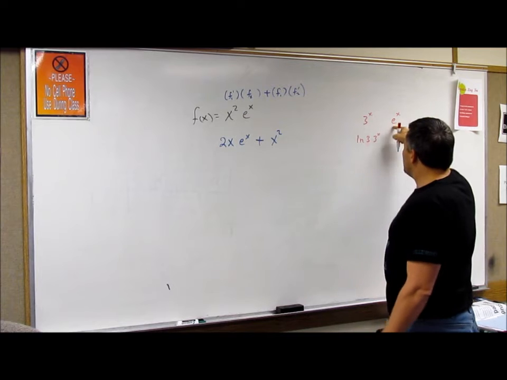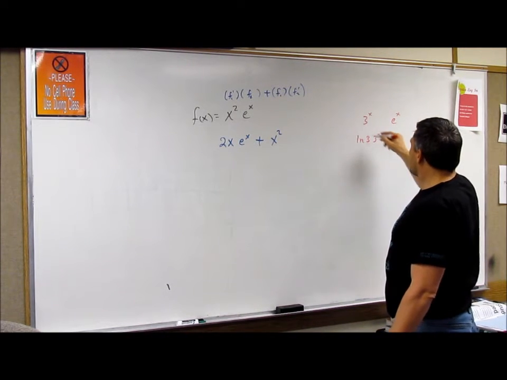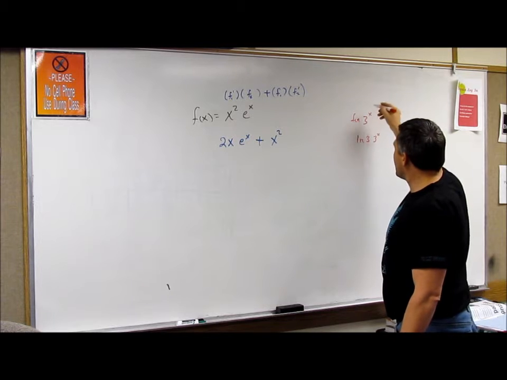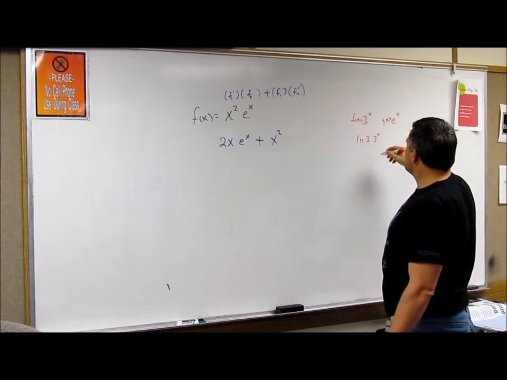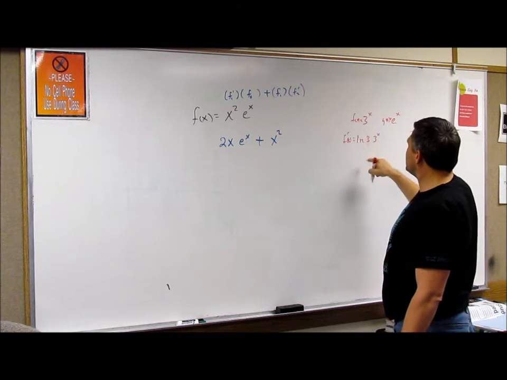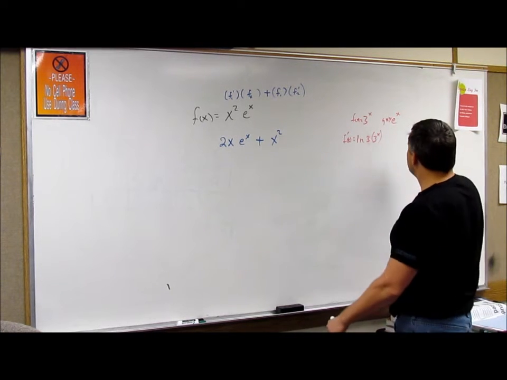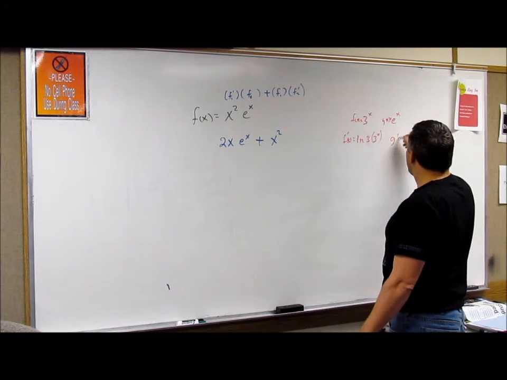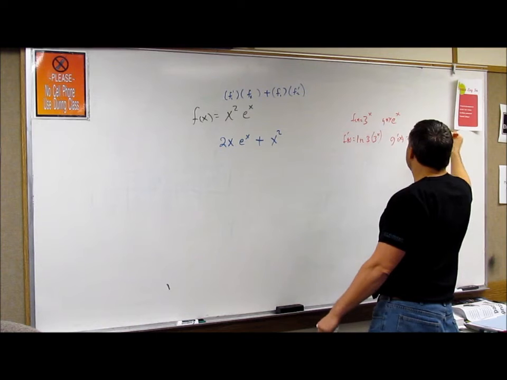Okay? Same thing here. When I'm finding this derivative, say this is f of x, and this is g of x, then f prime of x is equal to ln 3 times 3 to the x. G prime of x is equal to ln e, because that's the base, times e to the x.